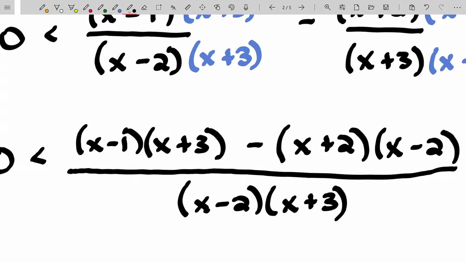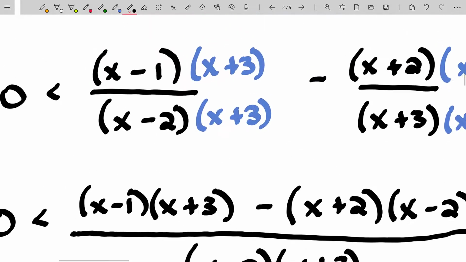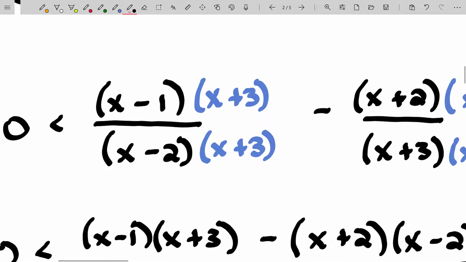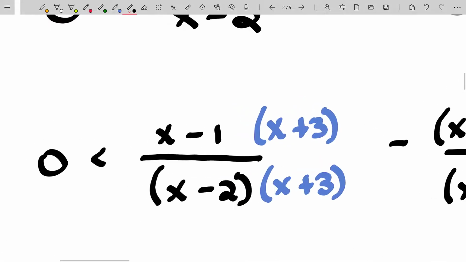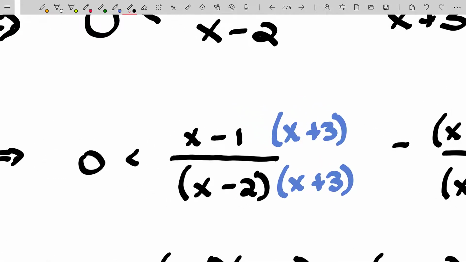The other thing I need to mention here is my liberal use of parentheses. You need to use parentheses like I'm using them here. If you did not use parentheses, let's pretend you just wrote that multiplication in this numerator like that. Really what you're saying is you have x times minus, and x plus 3.